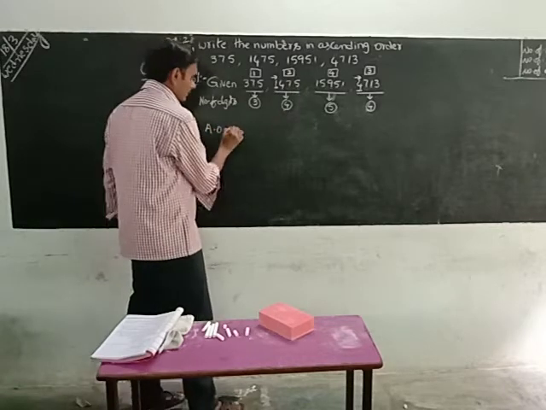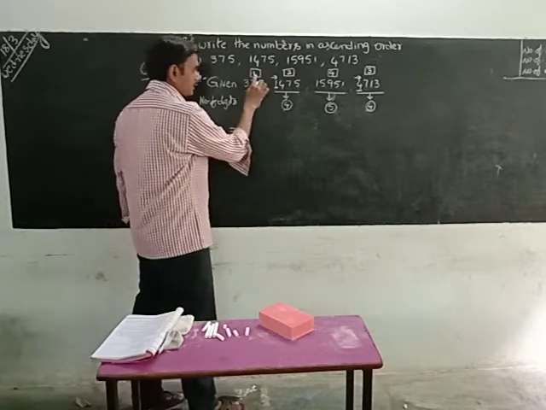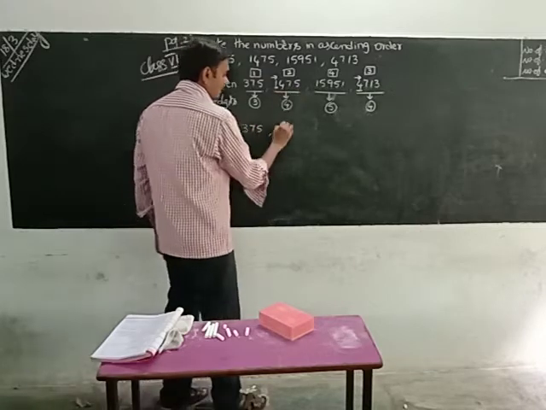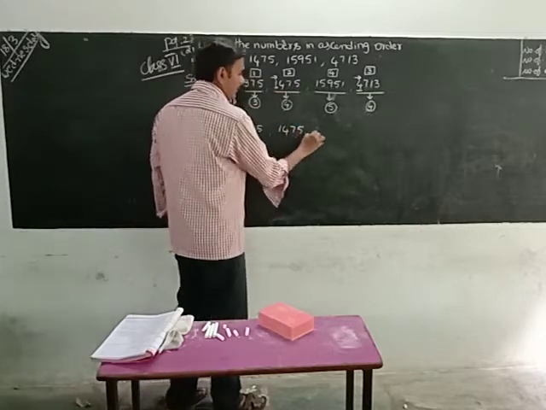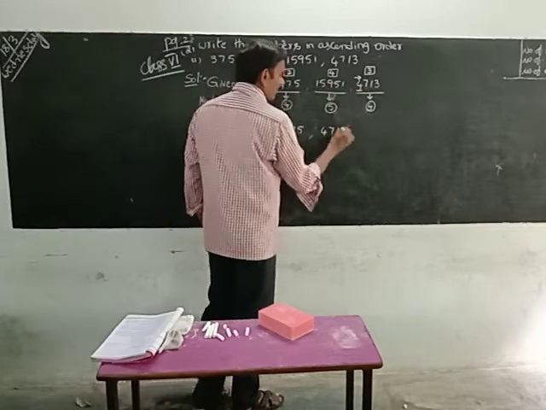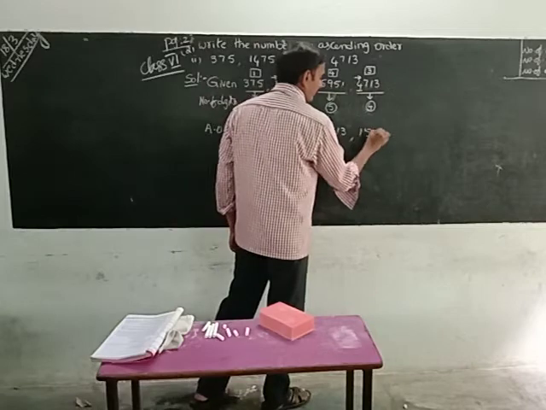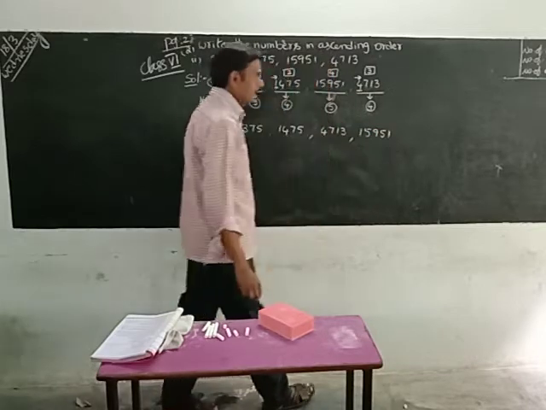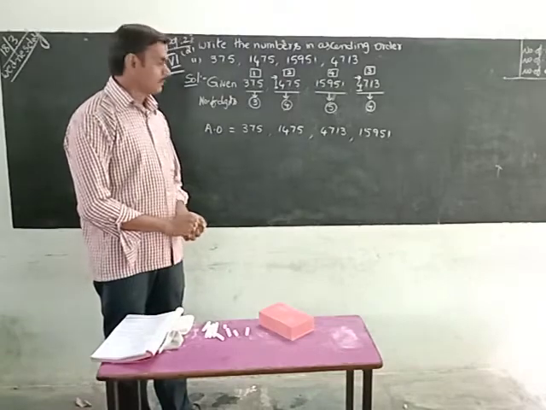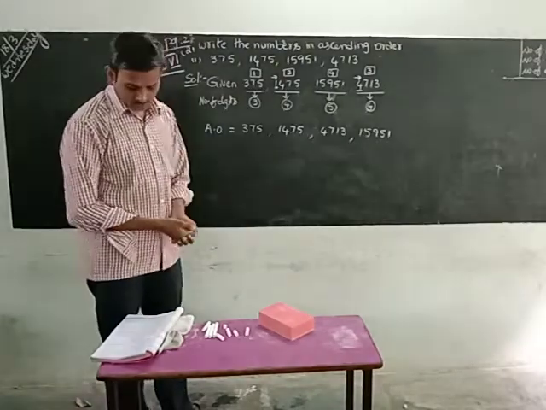Now we can write the ascending order. First place: 375. Second place: 1475. Third place: 4713. Fourth place: 15,951. Like this we will arrange the numbers. Similarly we can do the other one also.